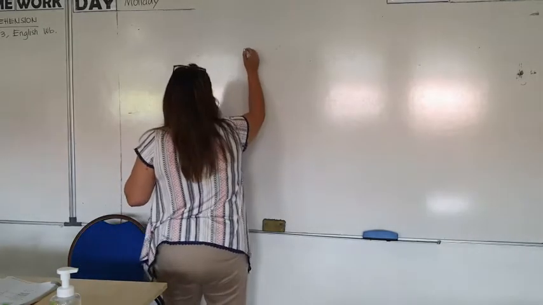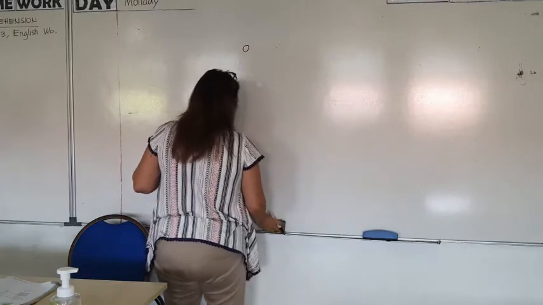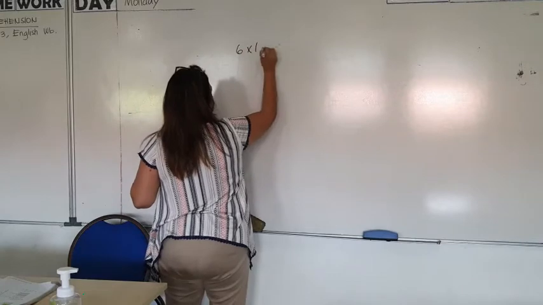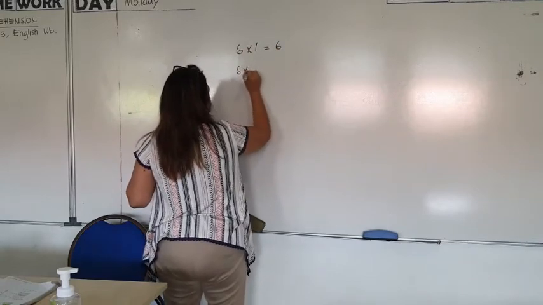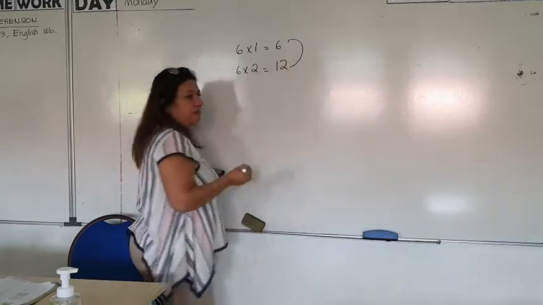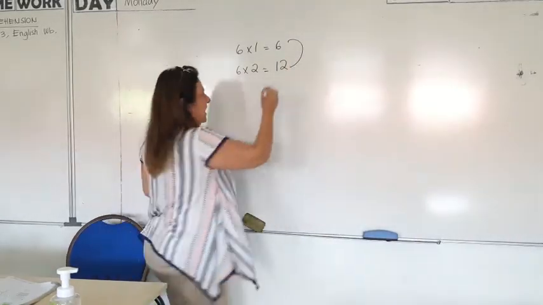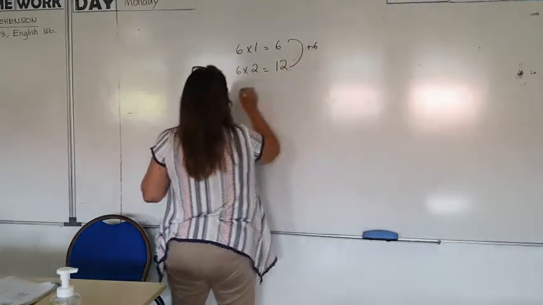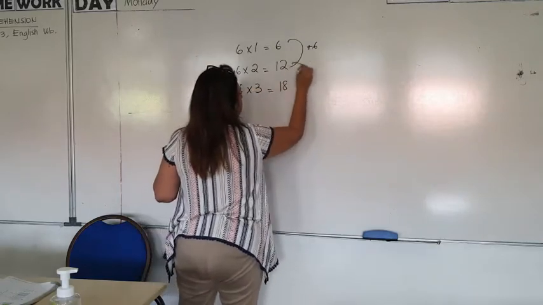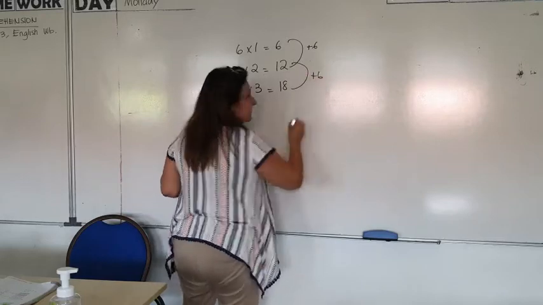Okay. What is this? When you write the 6 times table, 6 times 1 is 6. 6 times 2 is 12. So what are we doing? We are adding 1 or we are adding 6? 6. We are adding 6, right? Yes or no? Yes. We keep adding 6, right?